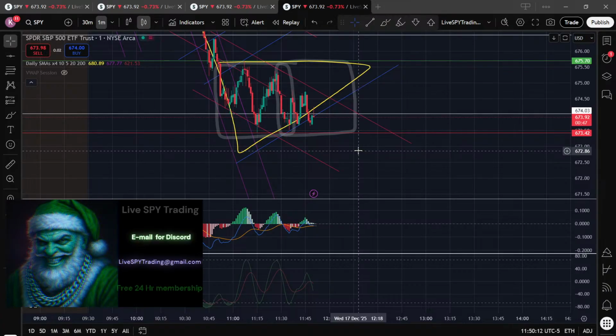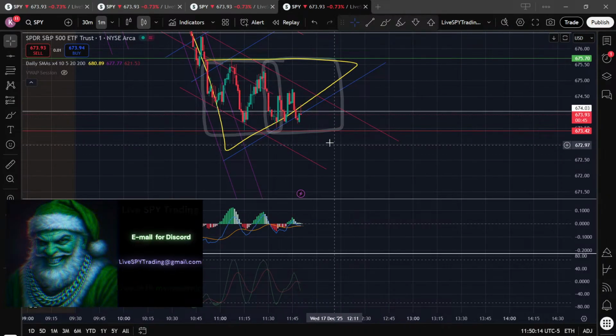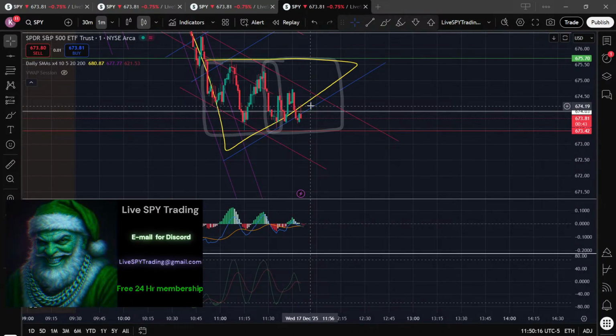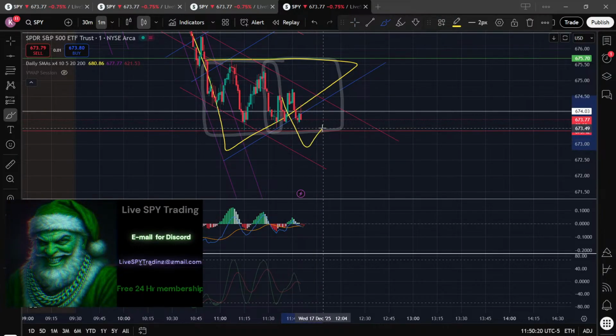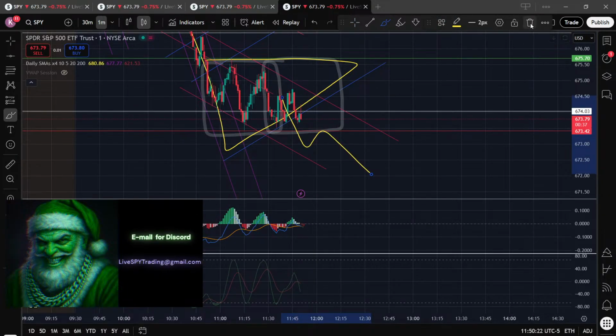Look, we know what needs to happen, right? If we break blue, if we get under red, and if we break, retest, and reject red. Okay?